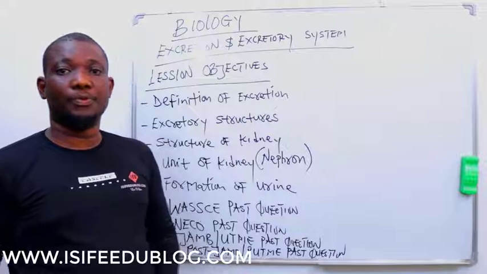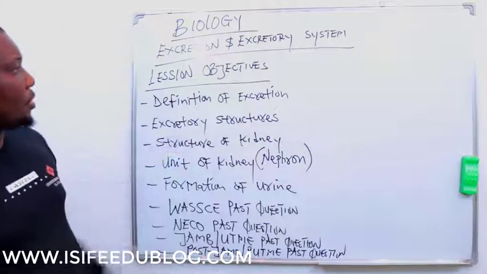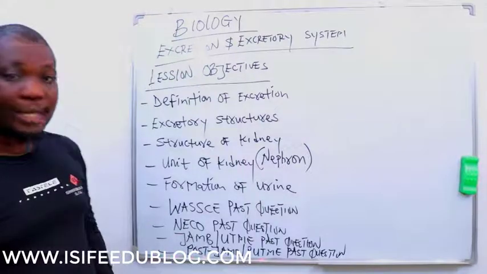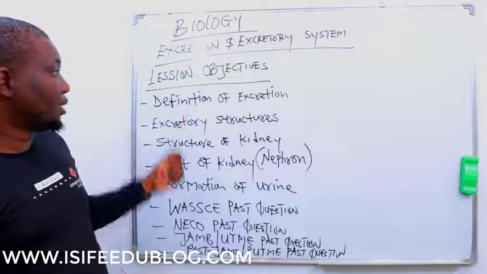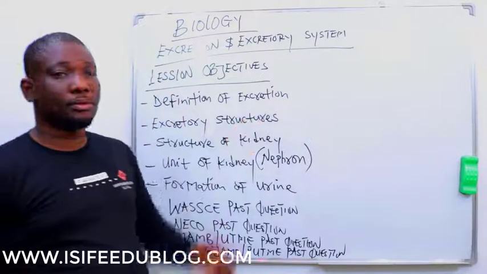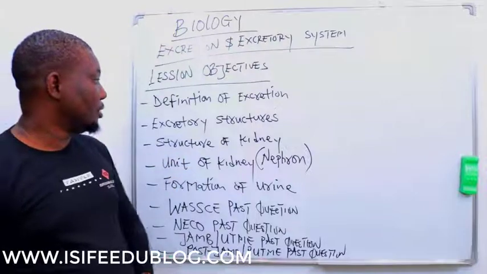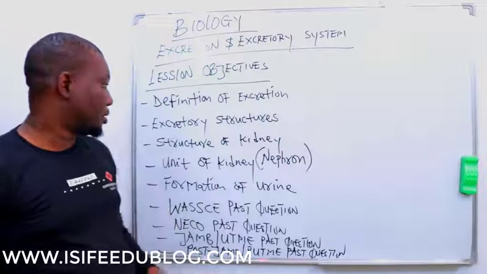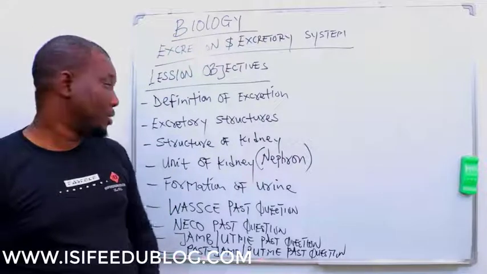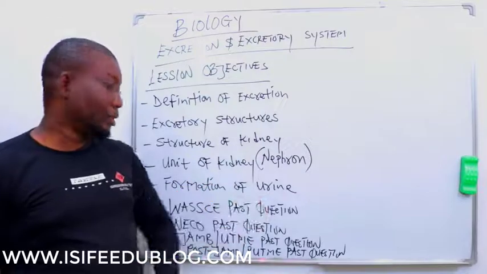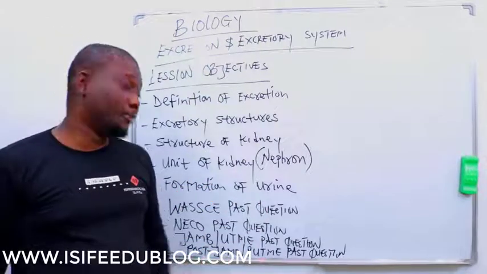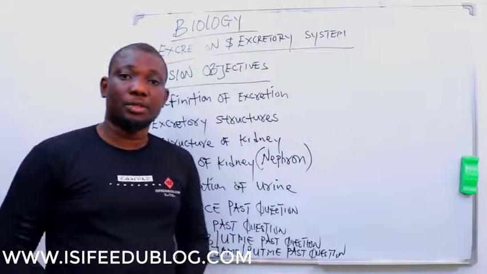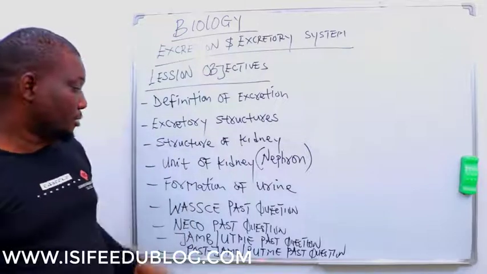We're going to start with our lesson objectives, what we need to know at the end of this video. You should be able to define excretion, know the different types of excretory structures, the structure of the kidney, the units of the kidney, that is the nephron, how urine is formed, and then we'll look at past questions.